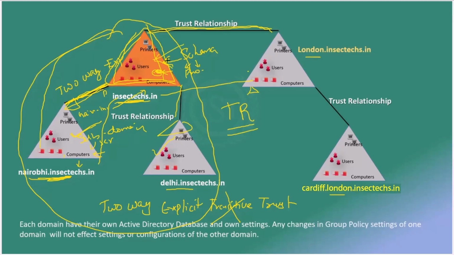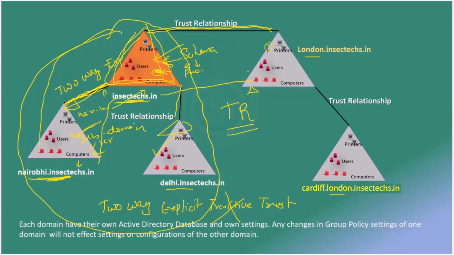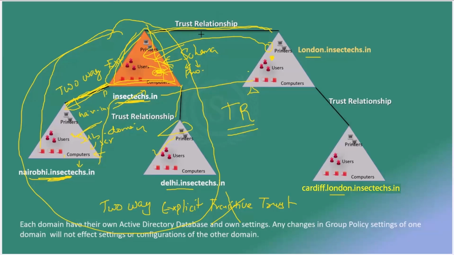This is because it is a single big organization, and it has geographically located offices in different parts of the world. So the employees of this geographical location or office have to access files, folders or network resources from a parent domain and vice versa. So there should be a logical connection between a subdomain and a parent domain.